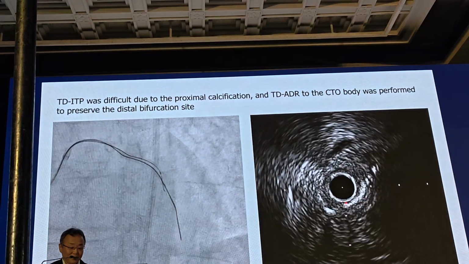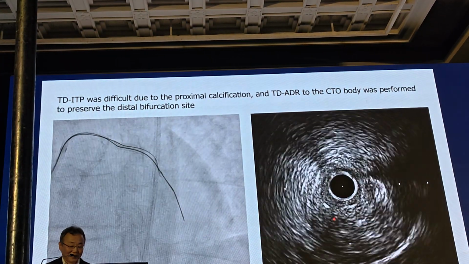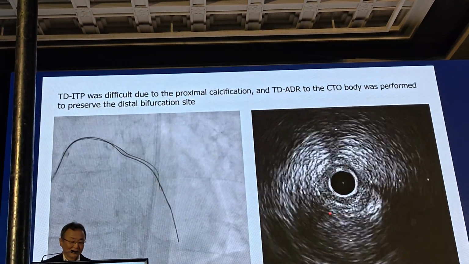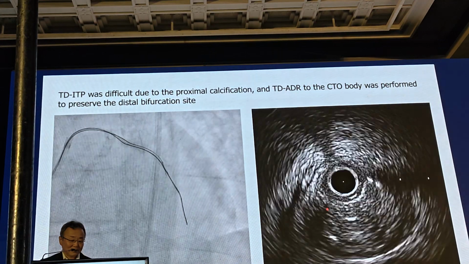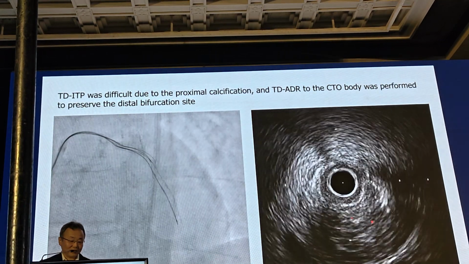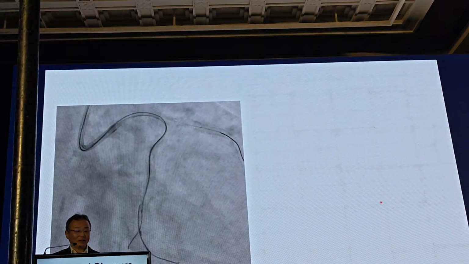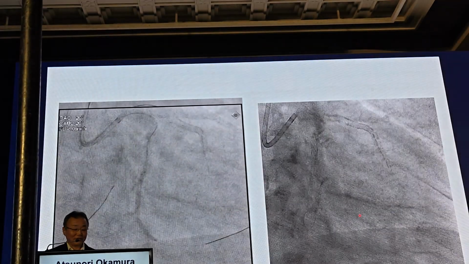The guide wire tip may be very hard to see, but it is here. The guide wire tip is directed here. Yeah, this here. So clockwise is much better to navigate it. Then I advanced the microcatheter and changed the guide wire to the soft one, and I preserved this part like this one.